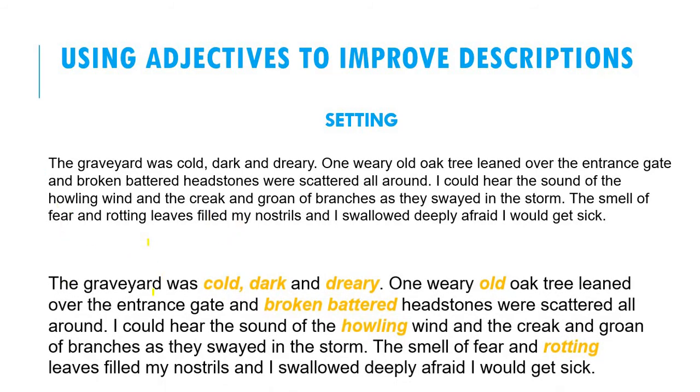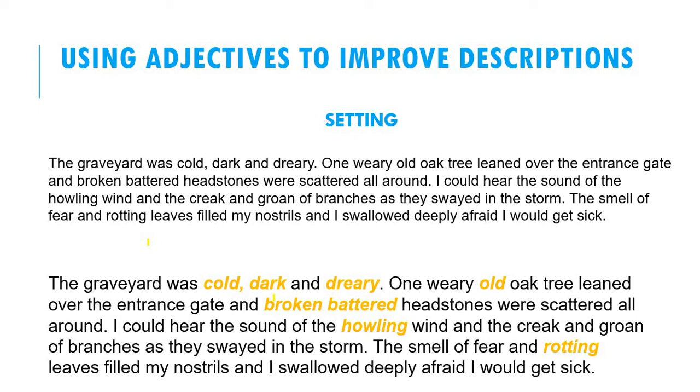Now, the graveyard was cold, dark, and dreary. Here we have some adjectives that are highlighted right here to describe the graveyard. What is the writer trying to say by indicating that it was cold, dark, and dreary?